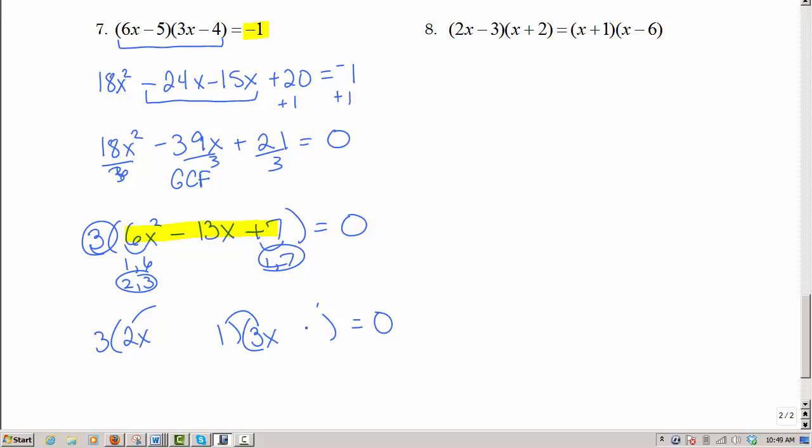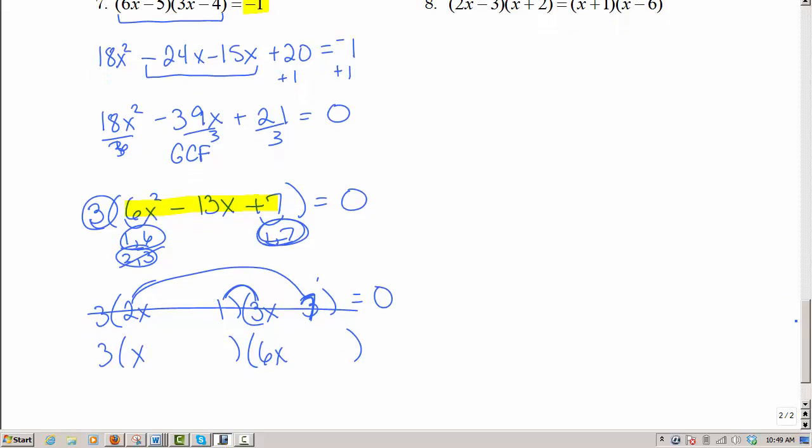So if I put my 1 here and my 3 there, oops, 7, sorry. That's 3, 14, 14 and 3, nope, that doesn't do it. So it's not 2 and 3. And really, I probably should have used 1 and 6 and 1 and 7 because 7 and 6 make 13. Maybe you saw it and I didn't.